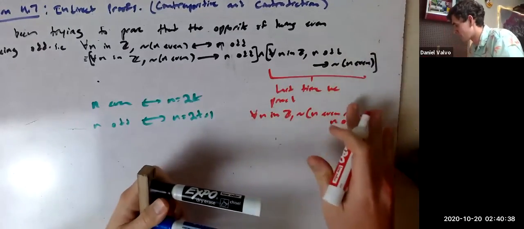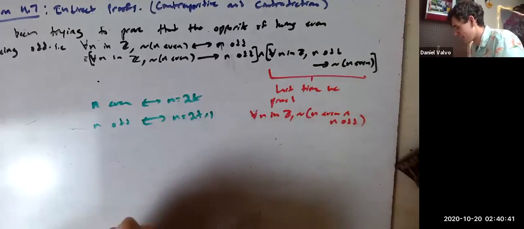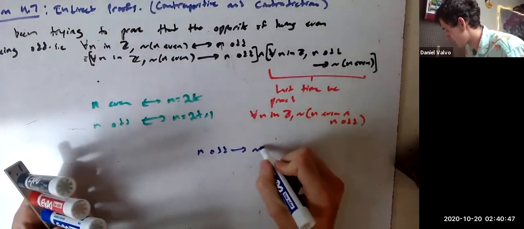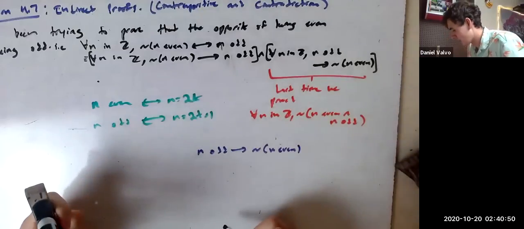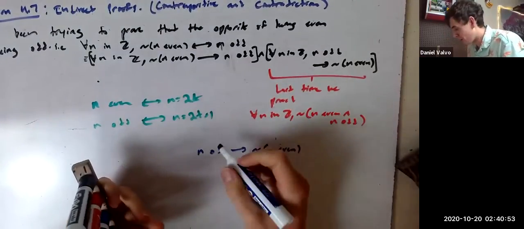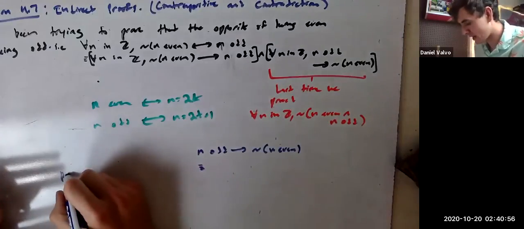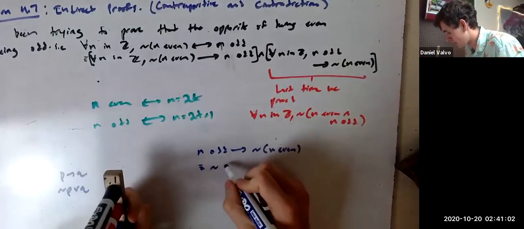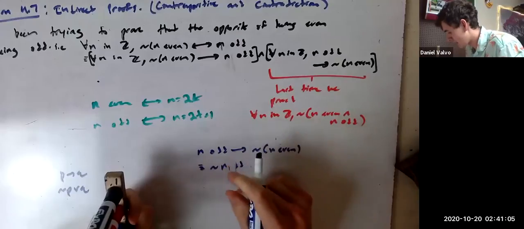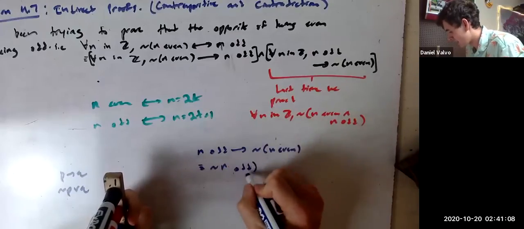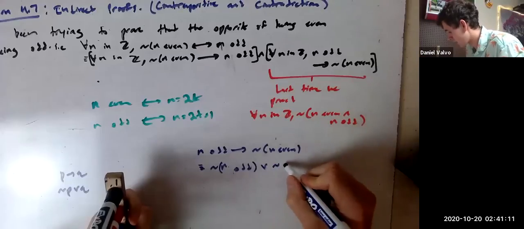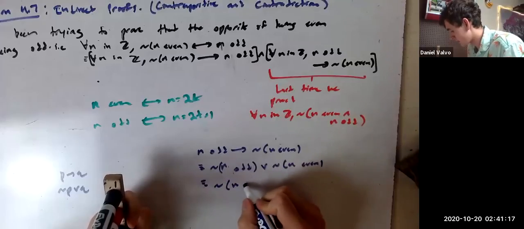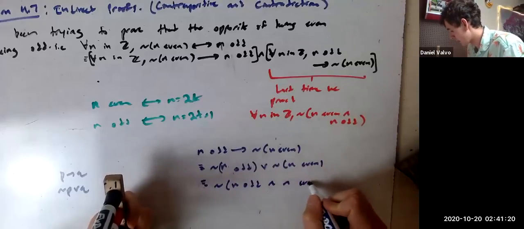You might ask, wait, how does that relate to this? Well, remember that n odd implies not n even. How can we break that down? Remember, P implies Q is equivalent to not P or Q, right? So this is equivalent to not n odd or not n even, which by De Morgan's law is the same thing as not (n odd and n even).